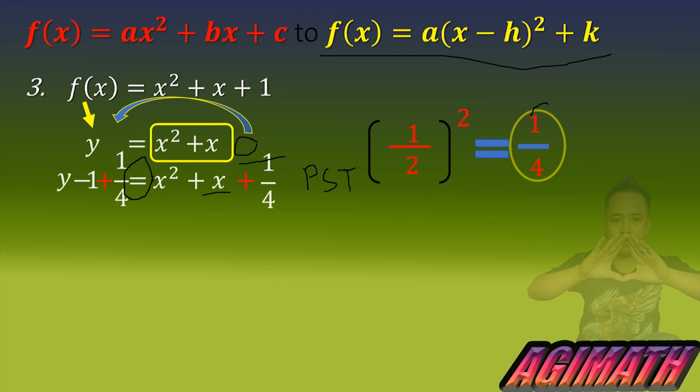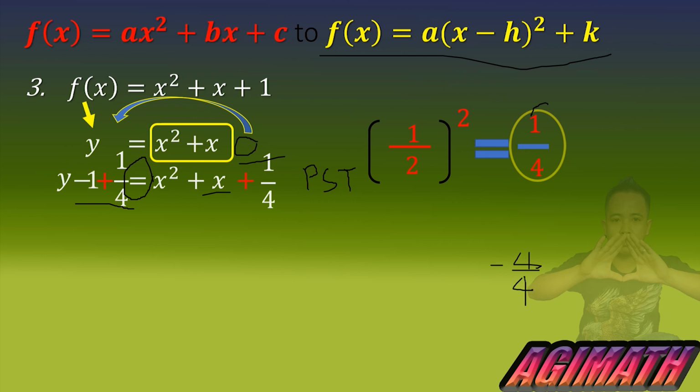Now, next thing we are going to do is to simplify this one. -1 plus 1/4. I'll do it in this part. -1, I can write that one as -4/4. Let's do the wise way.